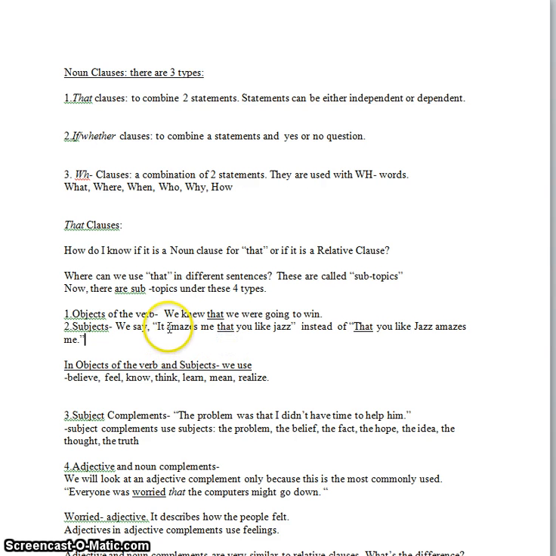I also used amazes me, amazes, to amaze. We can add that, to amaze. A lot of these are stative verbs. Once again, in subtopics 1 and 2, we are going to use these type of verbs most often.